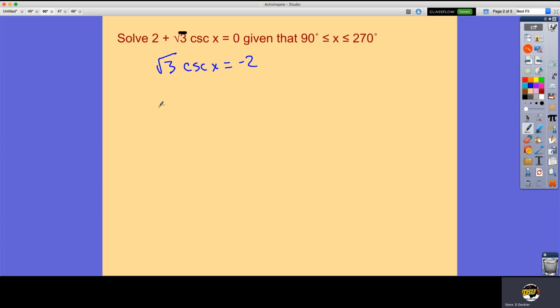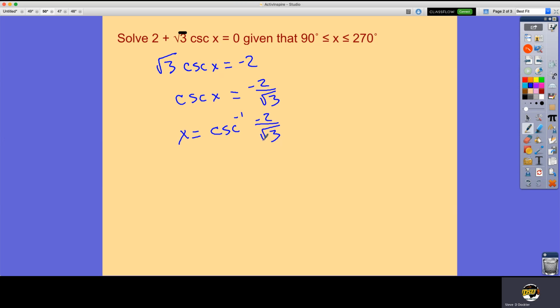And then we're going to have to divide by the square root of 3. So we've got cosecant of x equals -2 over the square root of 3. And then we got to move our cosecant over. So x equals cosecant inverse of -2 over the square root of 3.